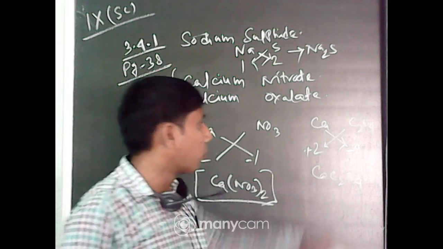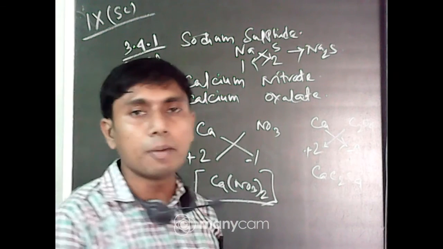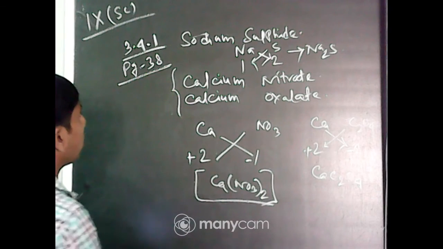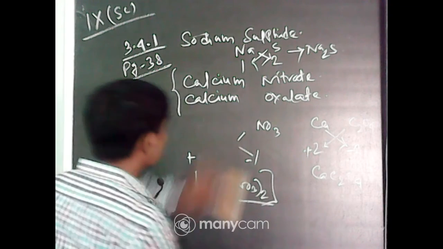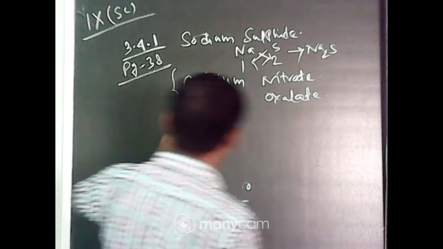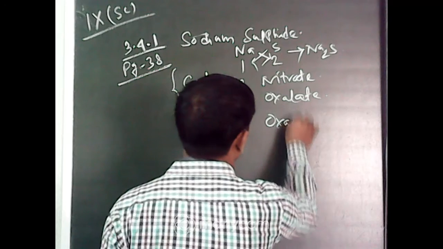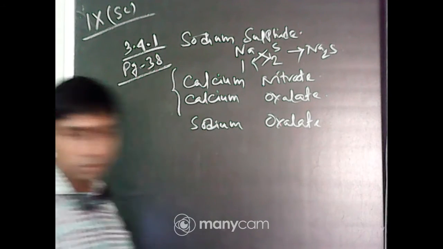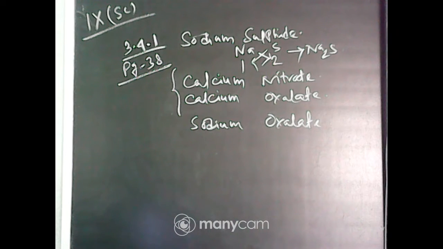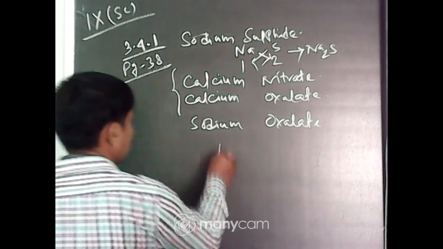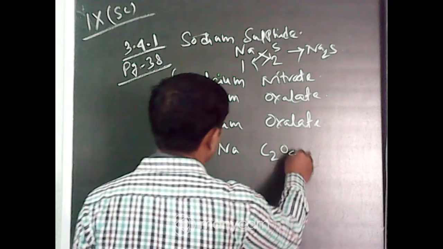Now what would be the formula for sodium oxalate? Na2C2O4, yes.